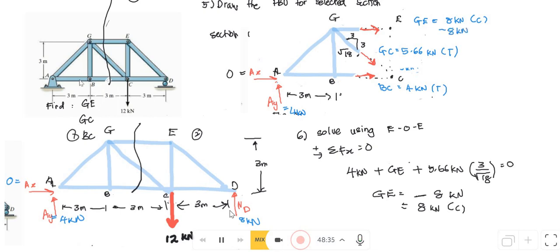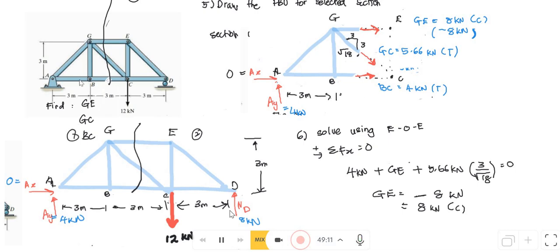This is negative. So why do I put this? Because when we want to use that particular value GE, if you want to double check your answer, or if you want to use GE for another calculation, you should be aware that the negative here means the direction of the arrow is not correct.